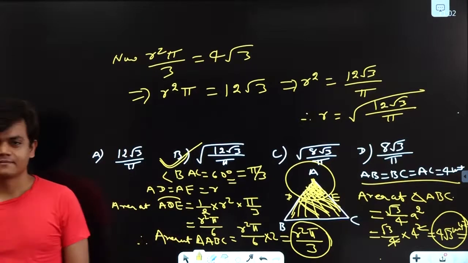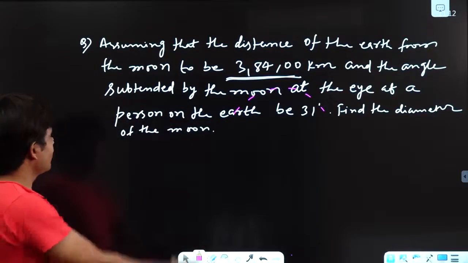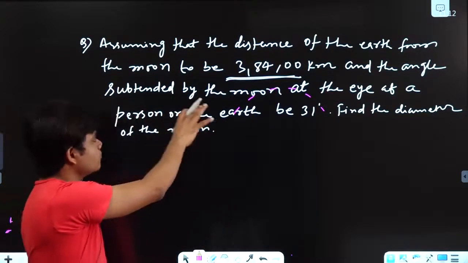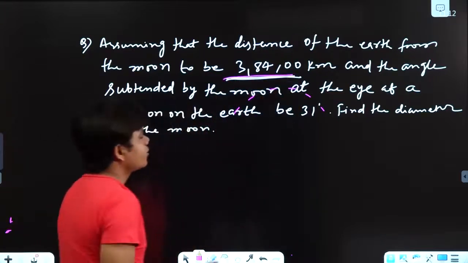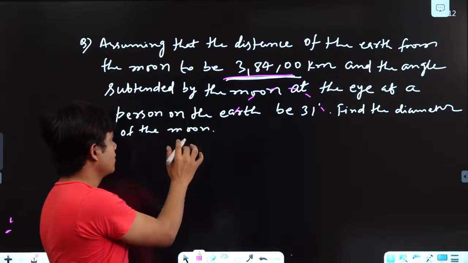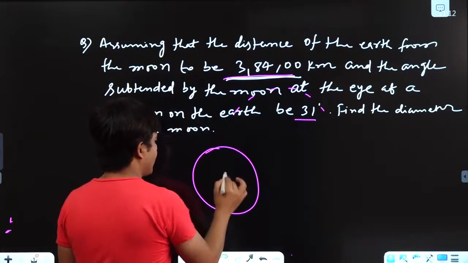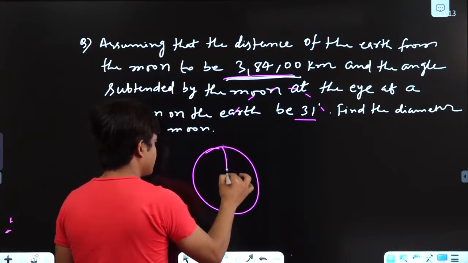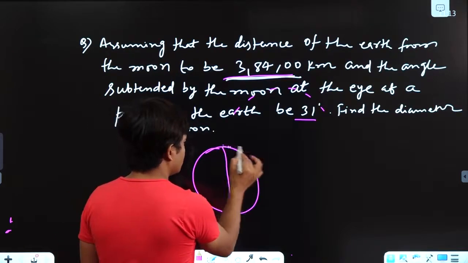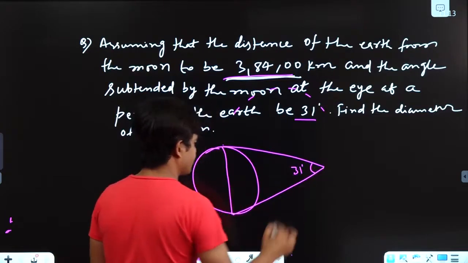So let's have one more question. Assuming that the distance of the earth from the moon is this length in kilometers, and the angle subtended by the moon at the eye of a person on the earth is 31 minutes. So think this is a moon, and the angle subtended by the moon to the eye of a person on the earth is what? 31 minutes.